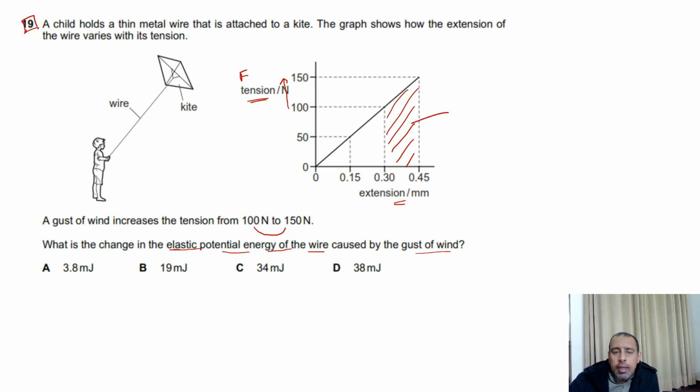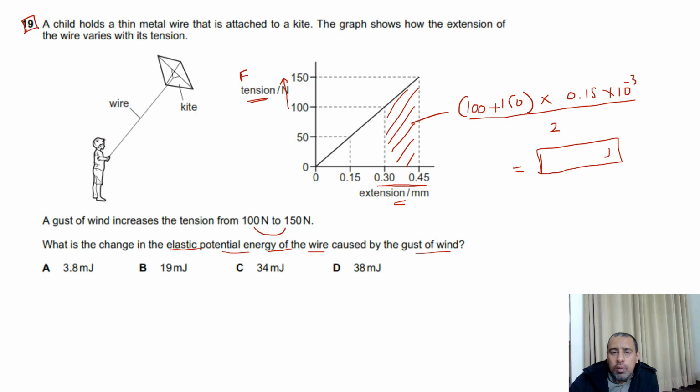So to get this area, this is the sum of parallel sides into base, the difference, that is 0.15 into 10 to the power minus 3, converted from millimeter to meters, and divided by 2 will give you the answer in joule, and then we will convert this answer to millijoule, or even if you do not convert initially, you can get the answer straight away in millijoule.